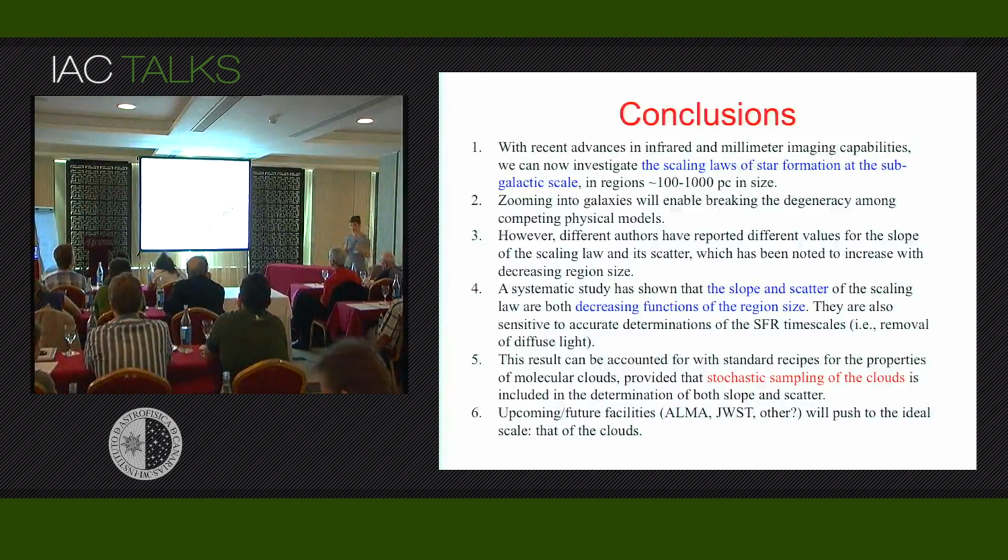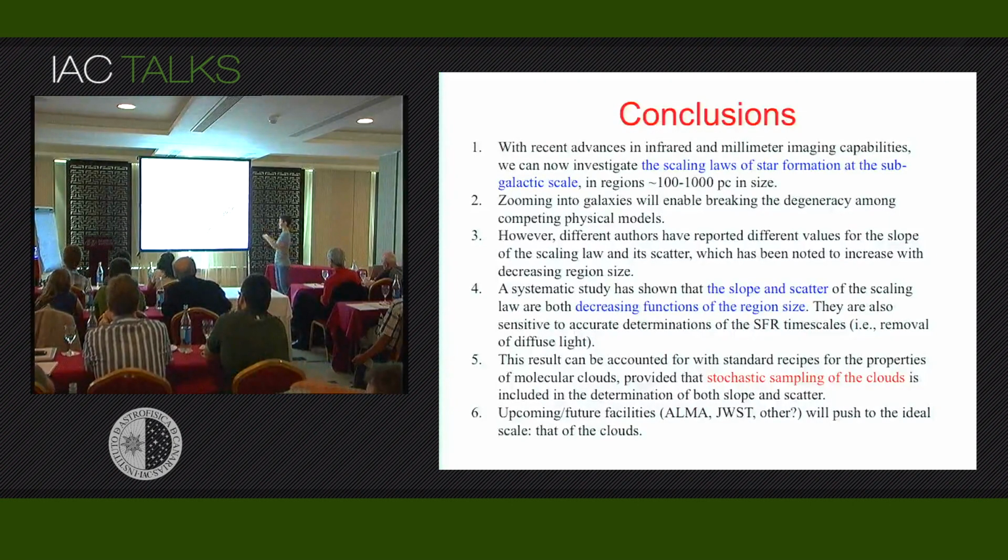Because when you're looking at a region that is half a kiloparsec in size, you're not just looking at a single molecular cloud, right? You're looking at a random sampling of molecular clouds. So even within this very simplified scenario, you're still running into troubles. Okay? Then you can make things a lot more complicated by adding all these considerations that you're talking about.